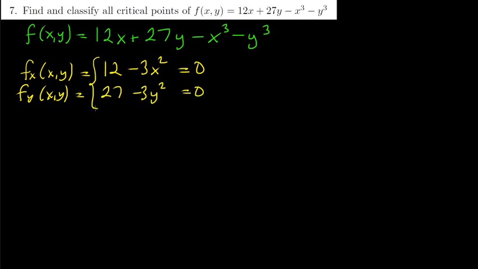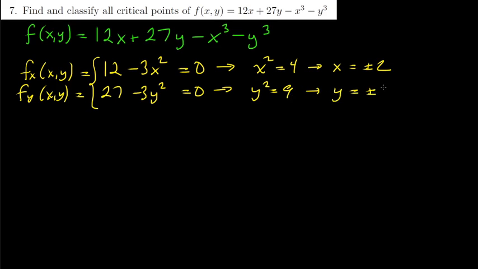So you get a system of 2 equations and 2 variables, which is really easy to solve, right? X squared is just going to be 12 over 3, which is 4. So we get x is plus or minus 2. And y squared is going to be 27 over 3, which is 9. So y is going to be plus or minus 3.